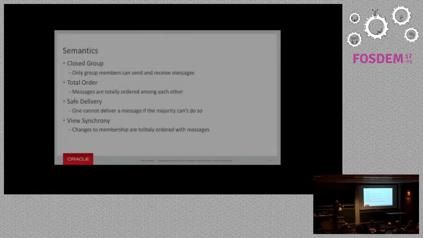It's quite important to decide when a node joins and when a node leaves. That information has to be totally ordered with the messages that are exchanged in the cluster. So it's a key property of a group communication system. And this view synchrony property is usually called virtual synchrony.